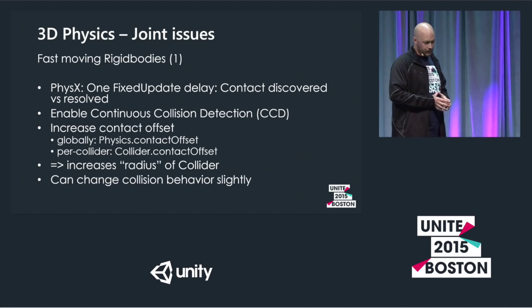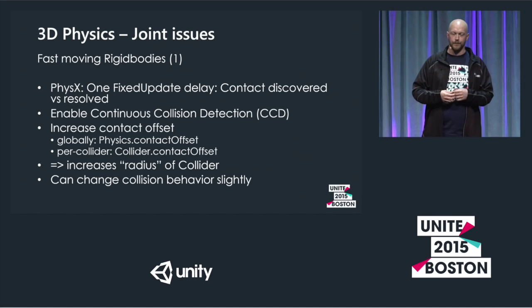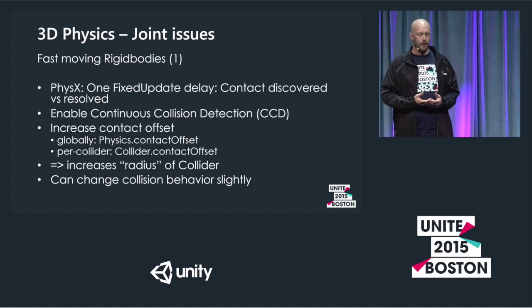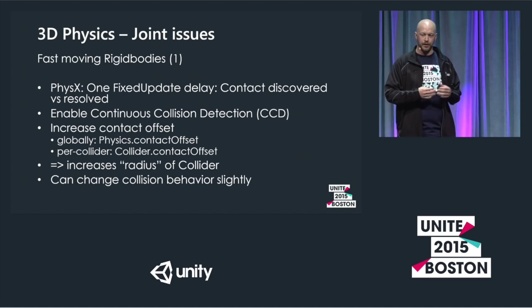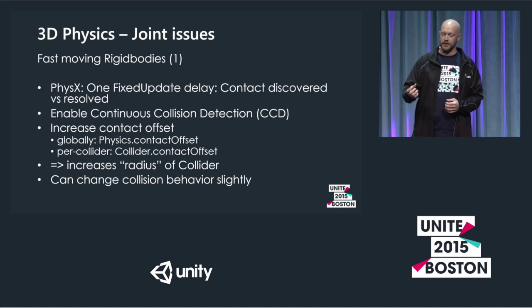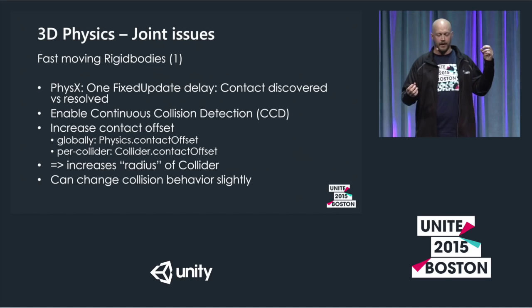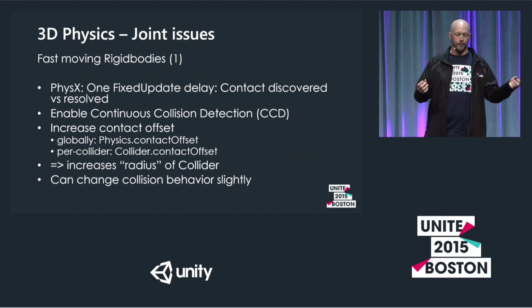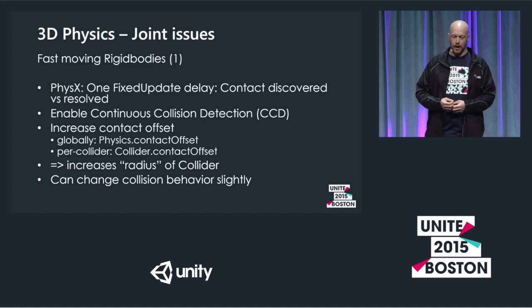Okay. So one underlying issue with PhysX, which is the physics middleware that's used in Unity, is that there is one fixed update delay between when the physics system discovers something is in contact and when it can actually apply the forces to enforce that contact.